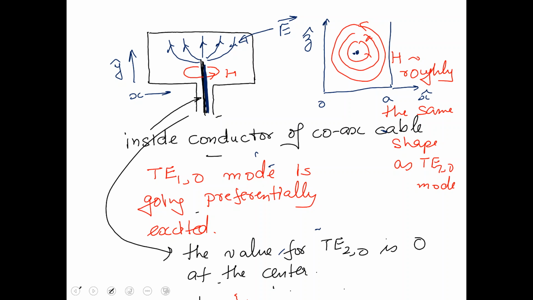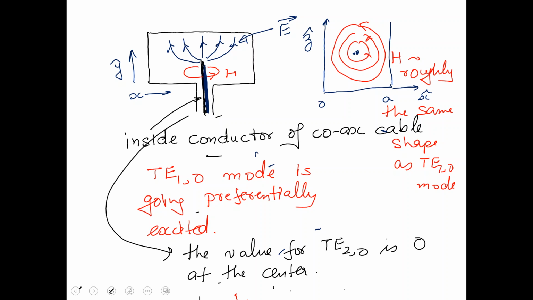So when I excite this rectangular waveguide from the center, even if it supports a TE20 mode, the excitation I would send into that TE20 mode is going to be much weaker. Very little power is going to go.